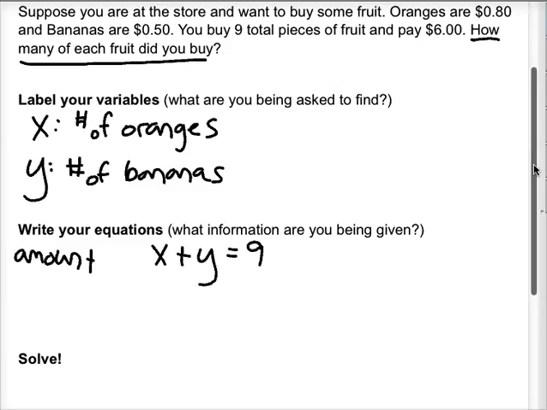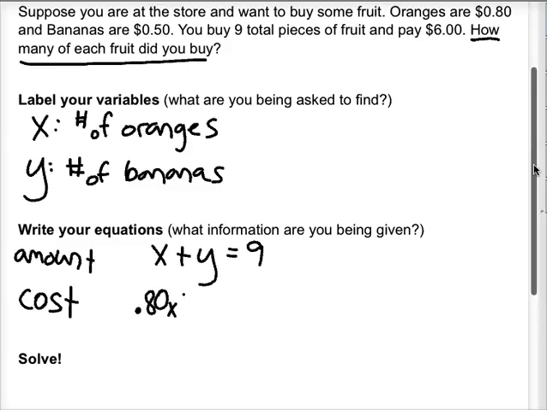They also give you information on the cost. All right, so for the cost, they give you the oranges are 80 cents, so you're going to be paying 0.8x for however many oranges you buy, okay, because you pay how much it is for one times how many you bought.